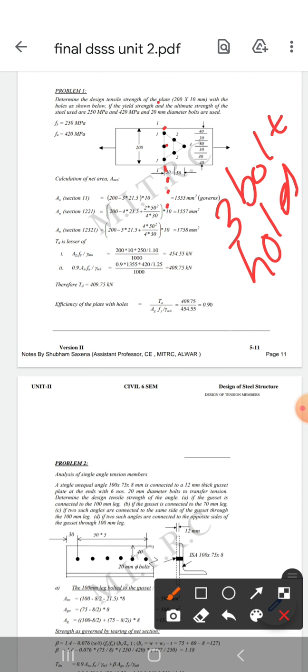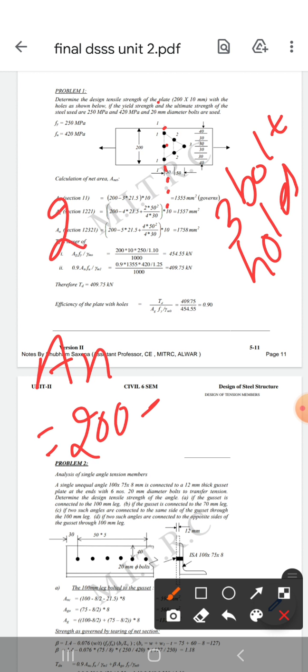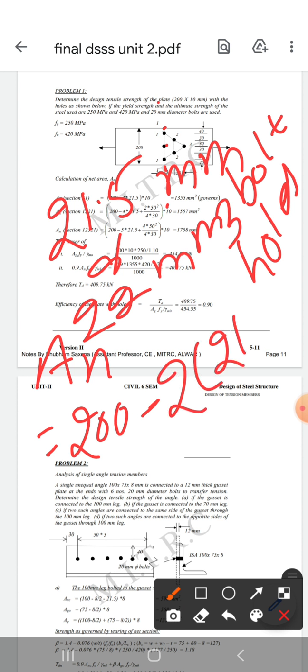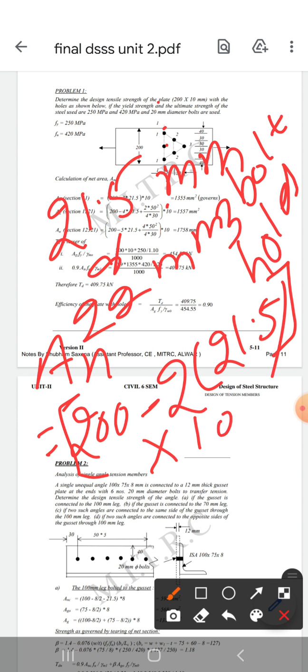So the net area along this path can be calculated as total width is 200 minus 3 bolt holes. What is the diameter of the bolt? 20, and its hole diameter can be taken as 21.5 or 22, anything you can take. Here I am taking 21.5 because all calculations are according to this only, and multiply by 10 because 10 is the thickness of the plate.